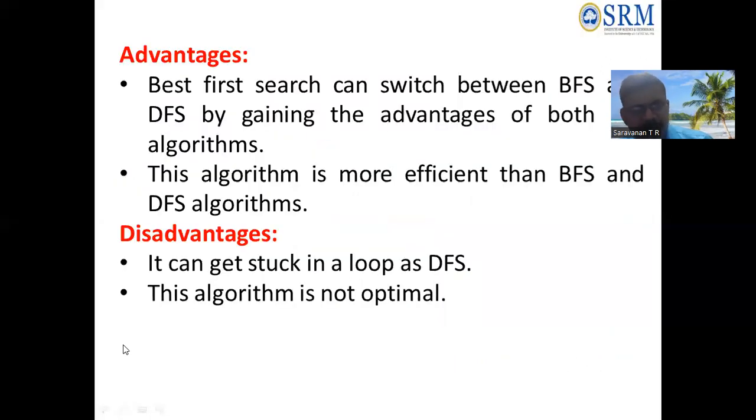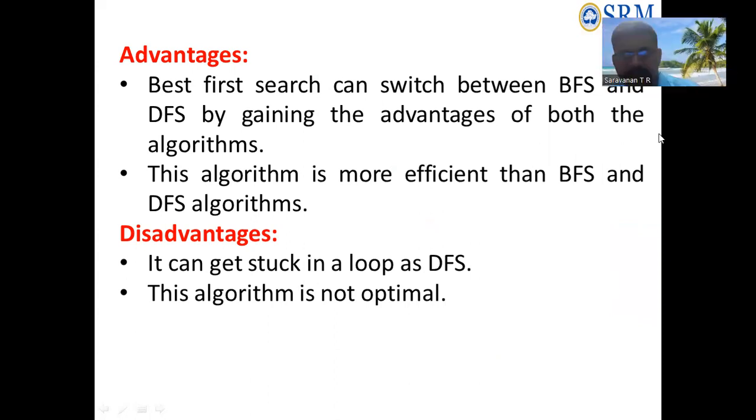Advantages. Best first search can switch between BFS and DFS, because no concept of path cost is considered. We consider only the heuristic function.